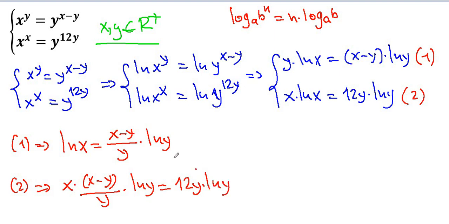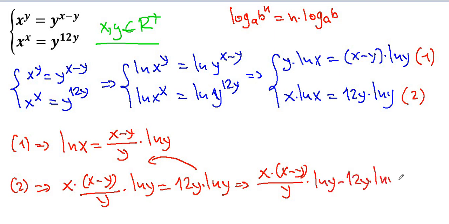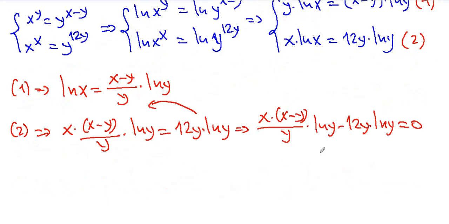Now let me move this product to the left hand side to get x times x minus y divided by y times logarithm of y minus 12y times logarithm of y is equal to 0. As you can see, we have a common factor here, logarithm of y. Therefore we can factor out logarithm of y.